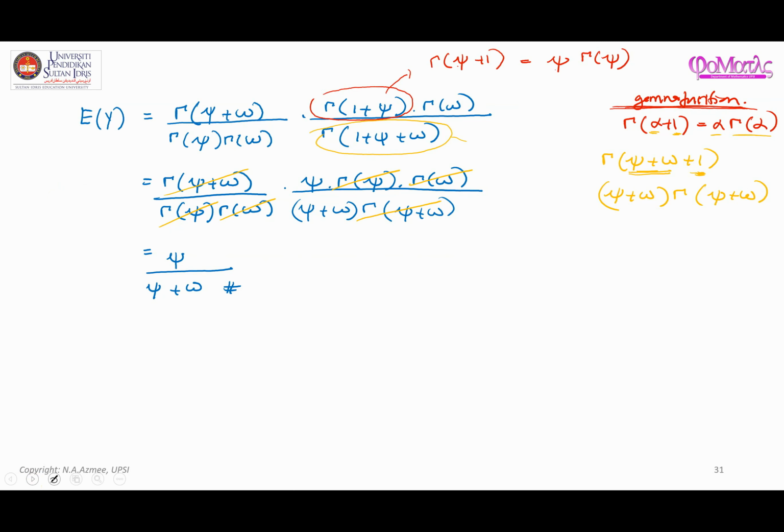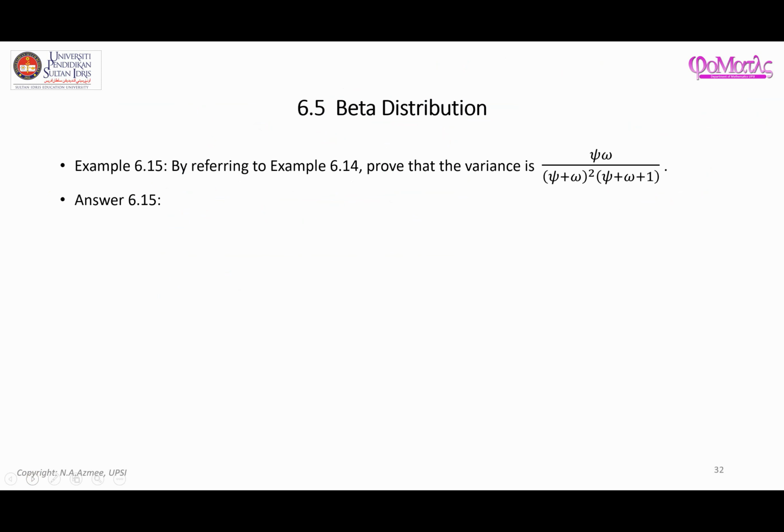Now we're going to move on to the next part, which is to prove that the variance of the random variable y is given by this term right here. Right, now we are going to start off with the usual stuff, which is what is the variance of y?